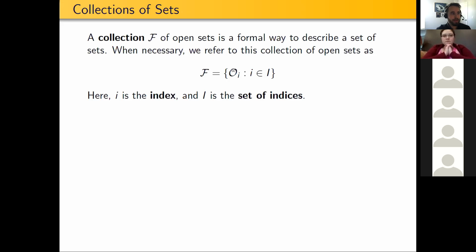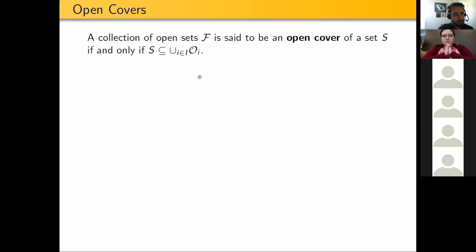We then talked about, once we are able to discuss an entire collection of open sets, so a script F, what it meant for this collection of sets to be an open cover of some other set S. Namely, F would be an open cover of S if you took the union of all of those open sets in F, and whatever that union was, it contained S as a subset.